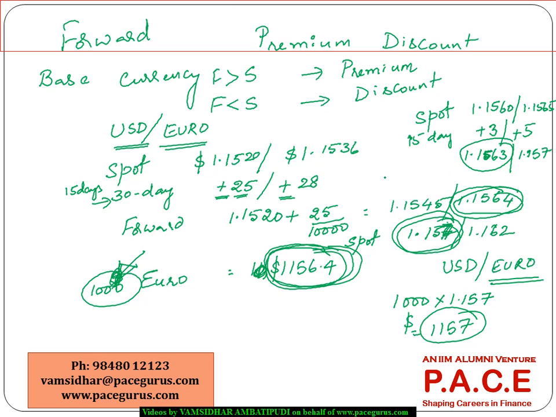So 1.1563 minus whatever is my contracted price, 1.1564, multiplied by whatever is my contract size, because I could have bought the euros at 1.1564 dollars by getting into the forward market, but now the sell price per euro is only $1.1563.